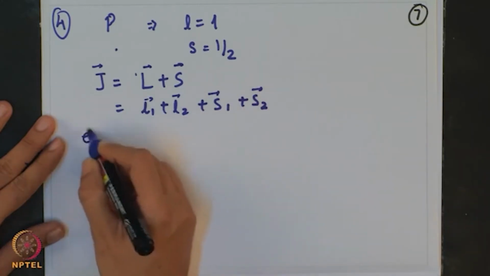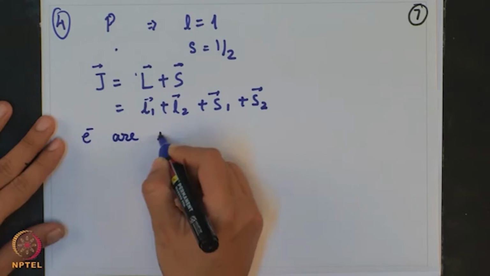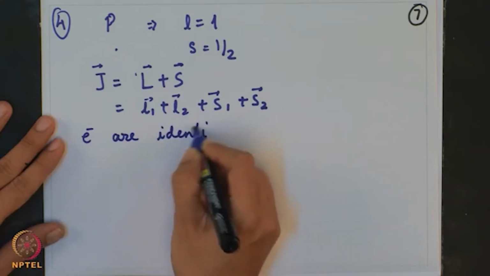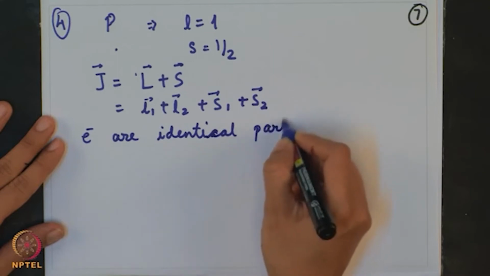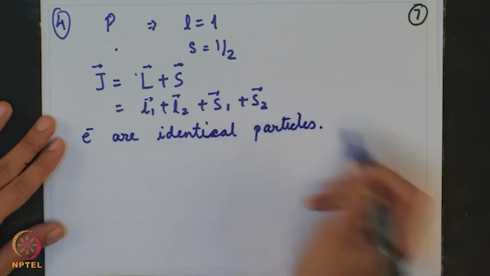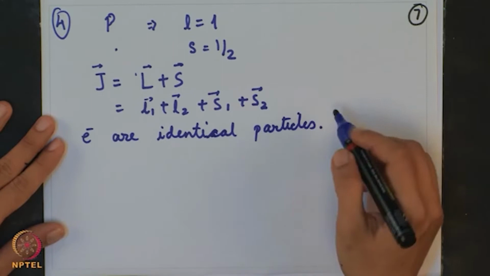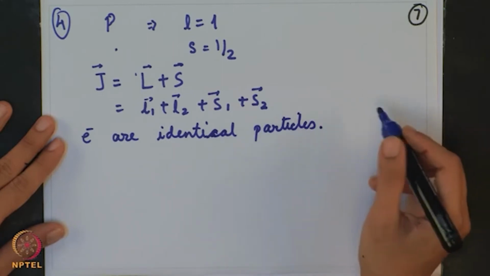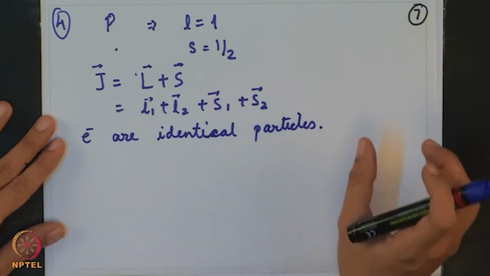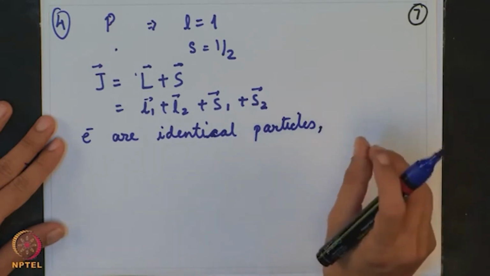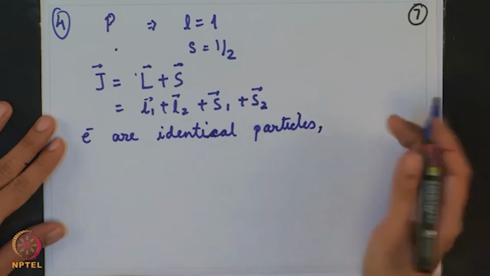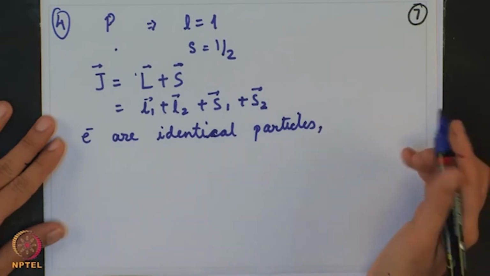Electrons are identical particles, so here they have the same radial component. However, the orbital angular momentum part will change in sign, that is, it is antisymmetric.